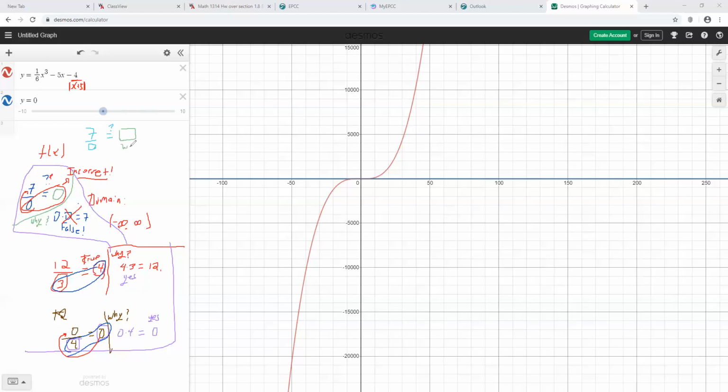Will any number be correct here? Is it possible that 7 divided by 0 will equal any number? No. Well, there's a lot of numbers out there, William. But why do you think it won't be any number there?